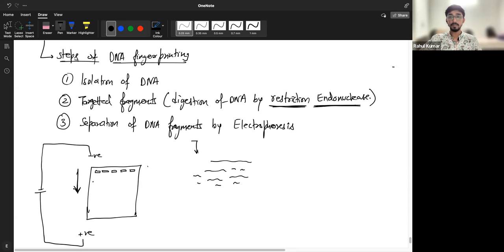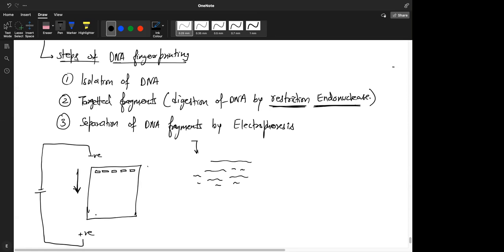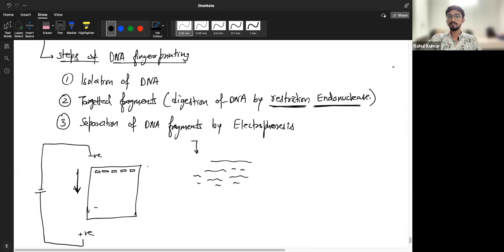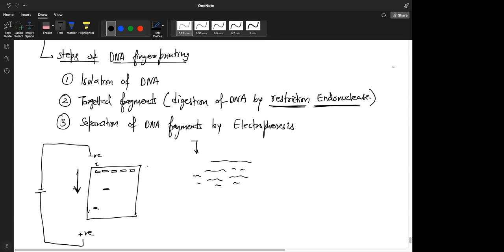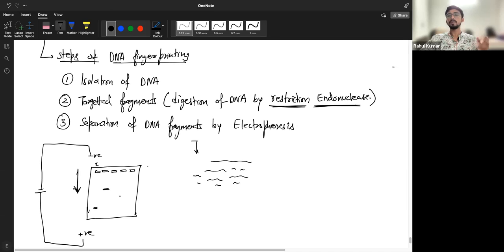Now, the DNA fragments which will be smaller will move faster, right? They will move easily. They will show a band here. Suppose this is well 1, so there is a band here. In well 2, there is a band here. So what can you say? We can say that this DNA was smaller in size than this DNA, right? So similarly, you can make a comparative analysis. You understand?